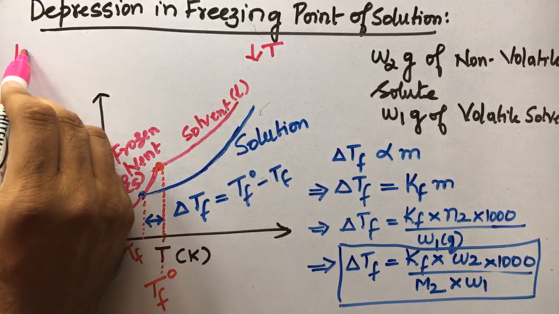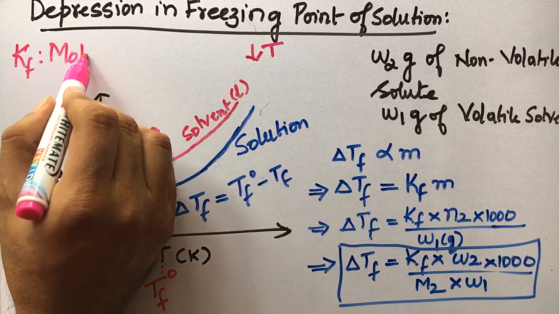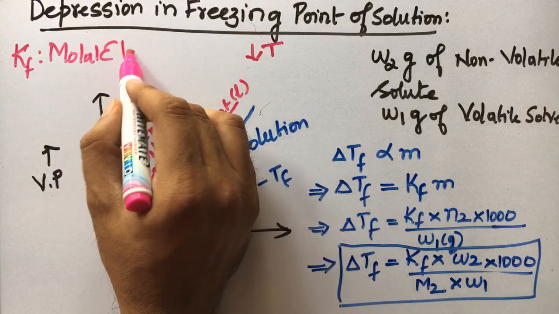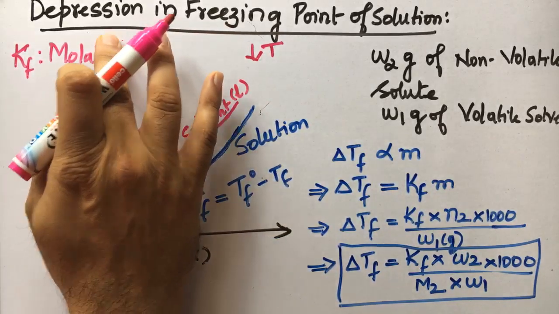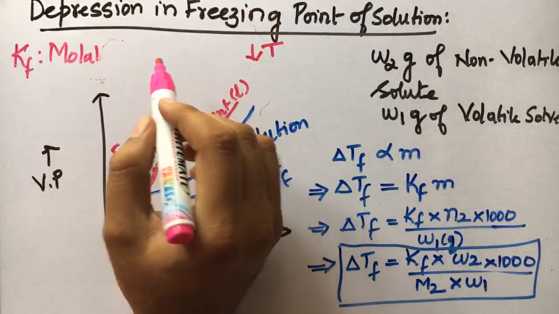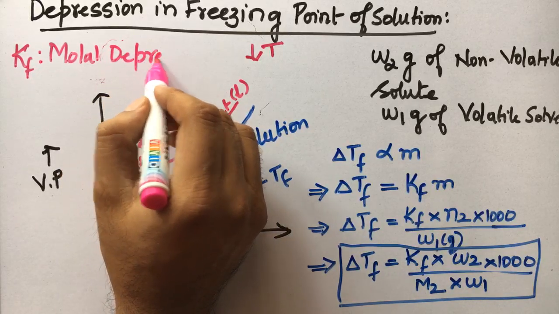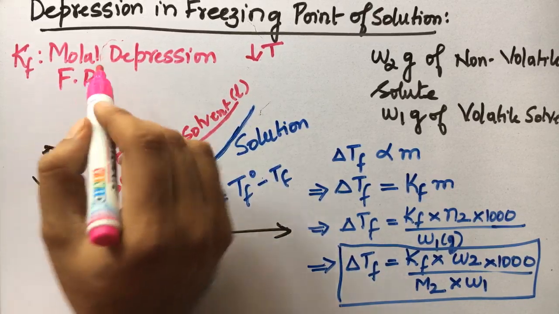Kf is the molar depression, since it is decreasing, freezing point constant.